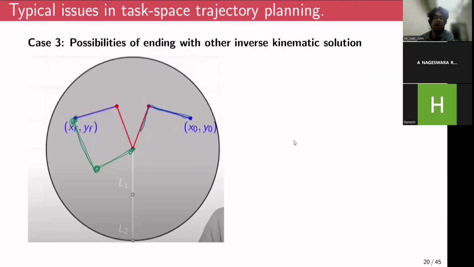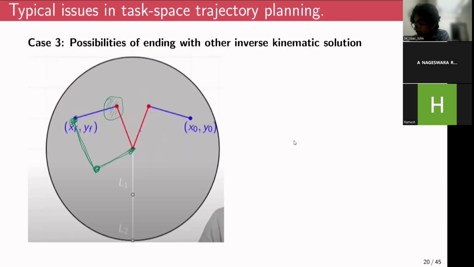So sometimes that may not be advantageous, because imagine if you have an obstacle over here. In that case, you can only use this configuration to reach this final position. But due to the fact that you planned a straight line trajectory in task space, the robot would move along the straight line, which would end up flipping its configuration.